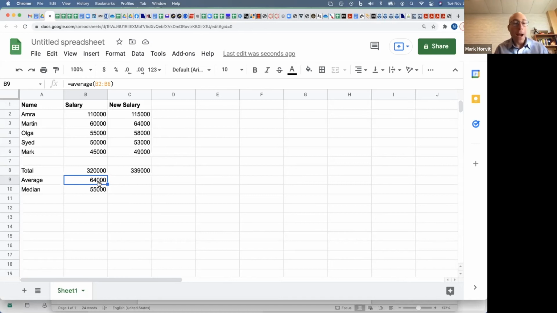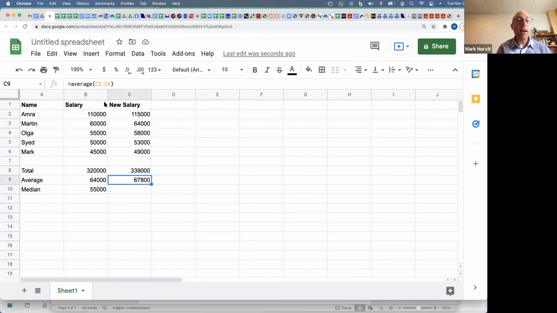So you can either right-click copy or Control or Command C, whatever you like to do, and you'll get a bunch of little dotted lines around it. And then you go to the cell you want to paste it into, which is right next door, and then either right-click paste or Control or Command V. And notice it pastes it, but it doesn't paste 64,000, it pastes 67,800.